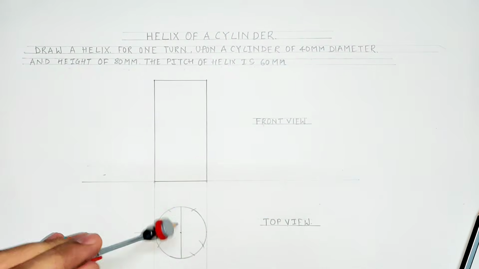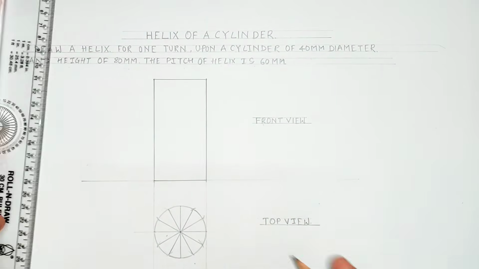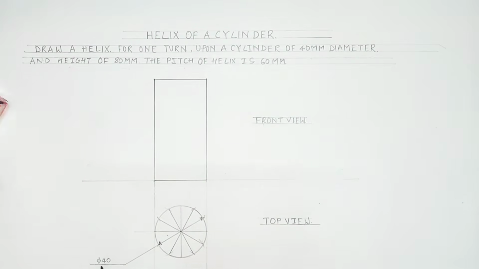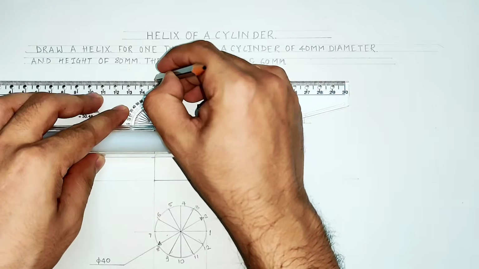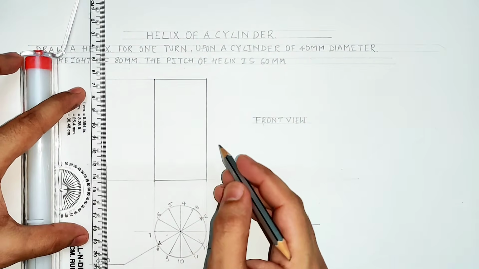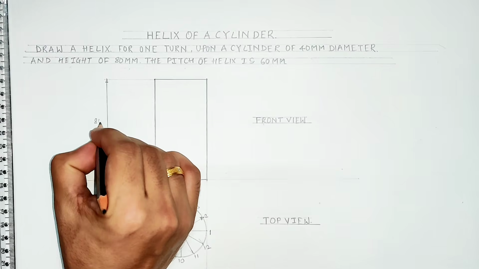Now we will divide the circle into 12 equal parts. You know that the more you divide, the more points you get to plot. You can do it in 6, you can do it in 8, or you can do it in 12. The more divisions, the more points you get to plot.